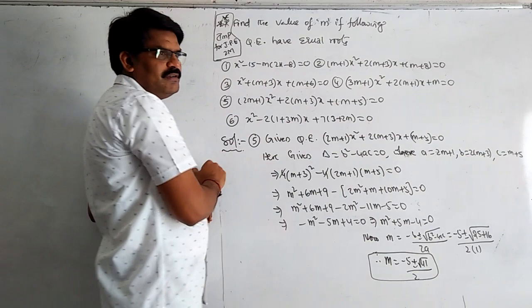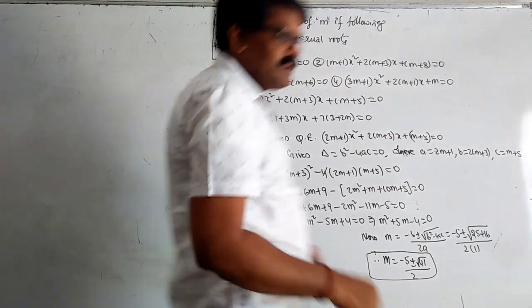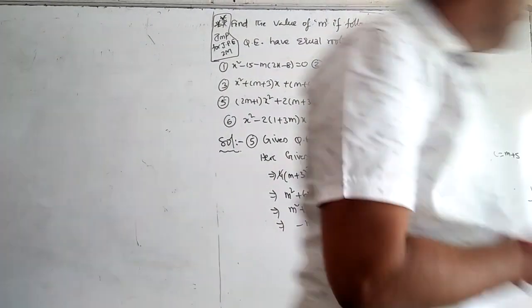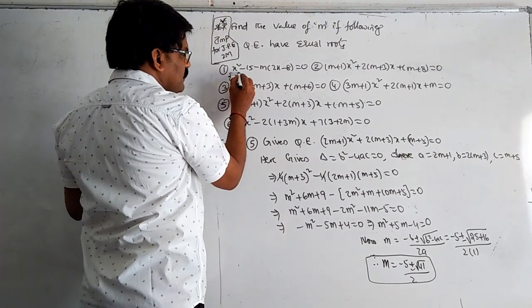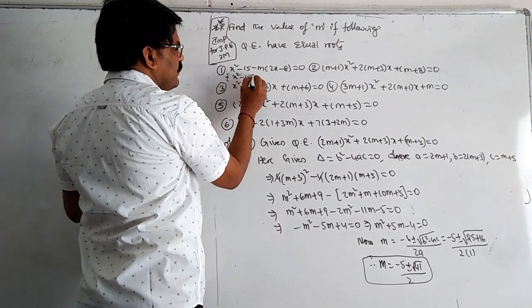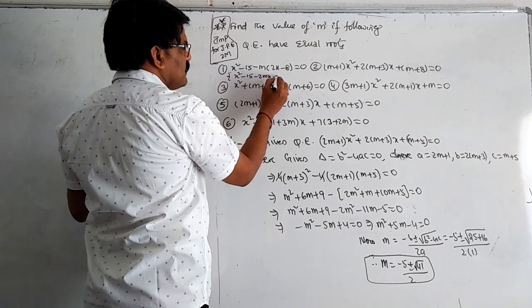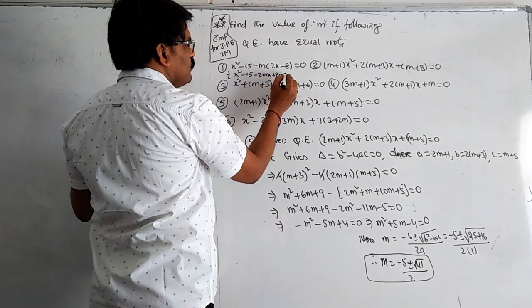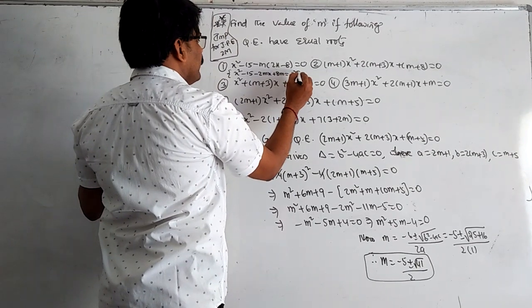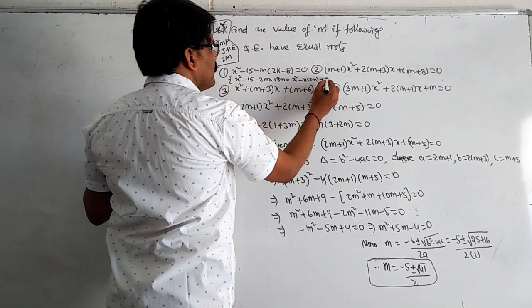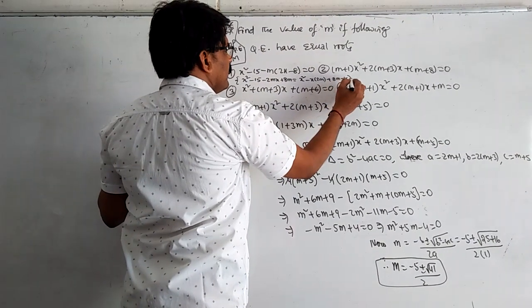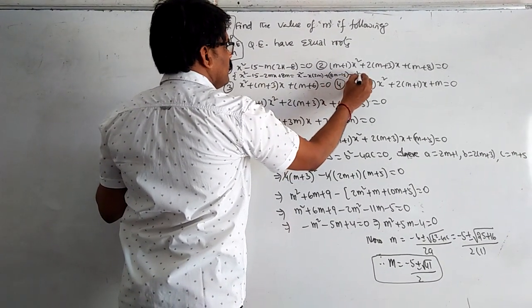For one problem, b is equal to (m plus 3) into x. Whereas for this problem you have to simplify first, because x square minus 15 minus 2mx plus 8m is equal to 0. That is x square minus x into 2m plus 8m minus 15 is equal to 0.